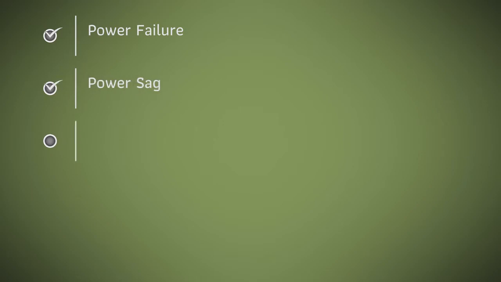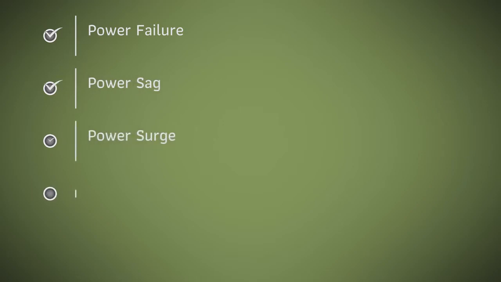So let us start from the first line of defense, the lowest cost UPS out there, which is what is known as an offline UPS. But before I get into that, I'm going to tell you what you're buying and what you're being protected from. There are 9 power problems that exist in most power situations worldwide. We're going to list them off here. First, power failure. Second, power sags.